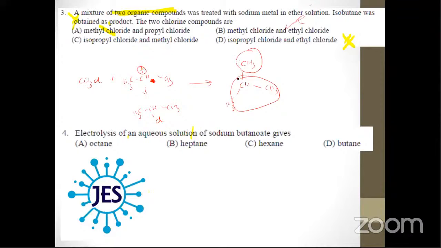So isobutane from isopropyl chloride and methyl chloride. See, this is isopropyl chloride, and this is methyl chloride anyway. So this is the answer.